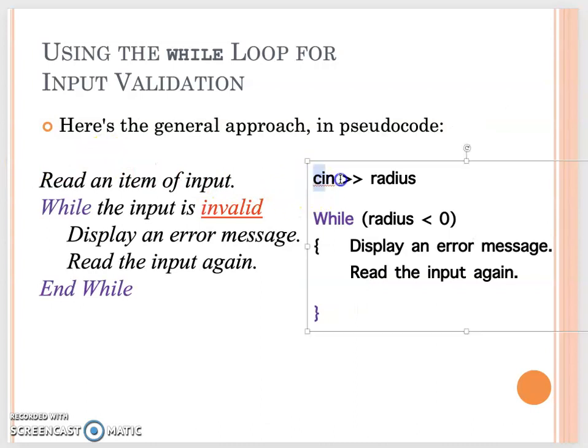You see earlier we do the cin radius, right? Then here, if radius less than 0, that means invalid input.